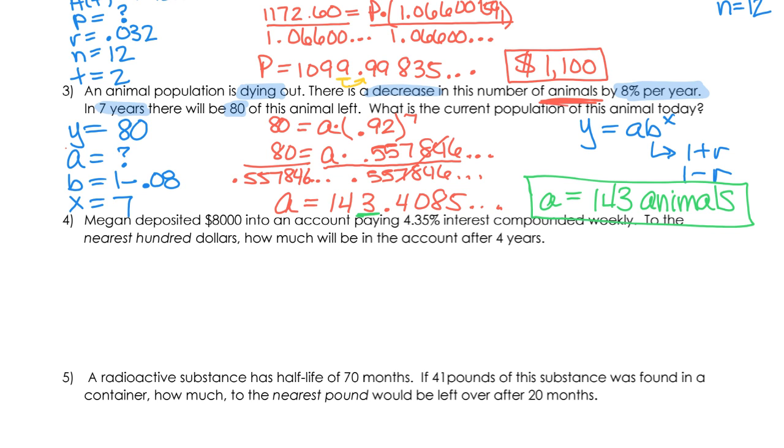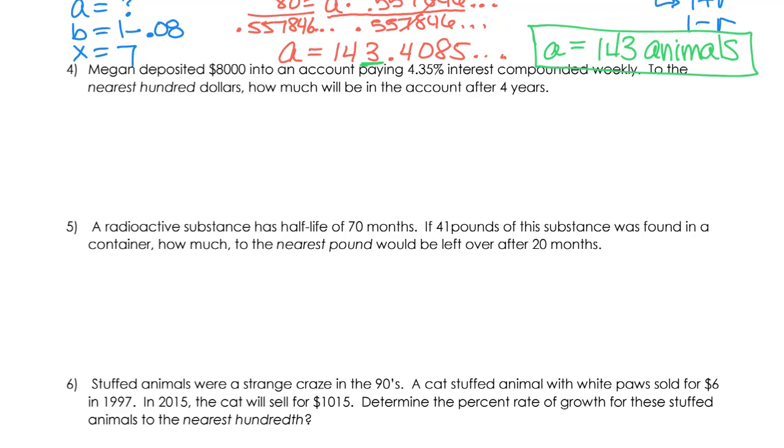Okay. All right, number 4 talks about Megan, and she is depositing $8,000 into an account paying 4.3% interest compounded weekly. Okay. To the nearest $100. There's our rounding directions. How much will be in the account after 4 years?